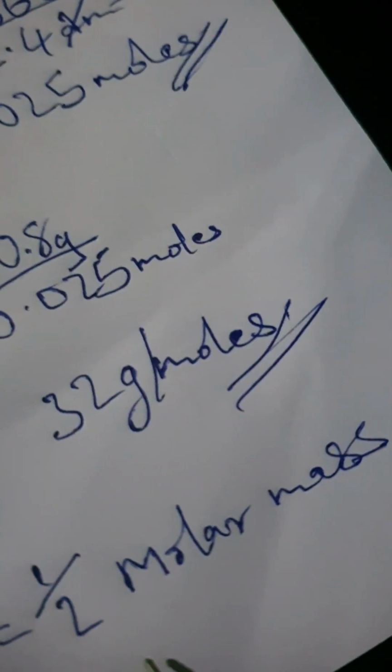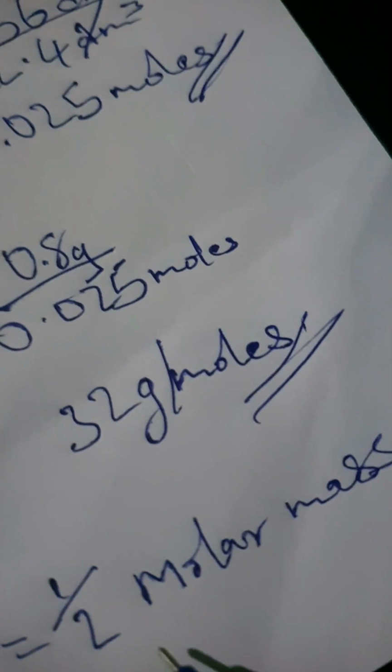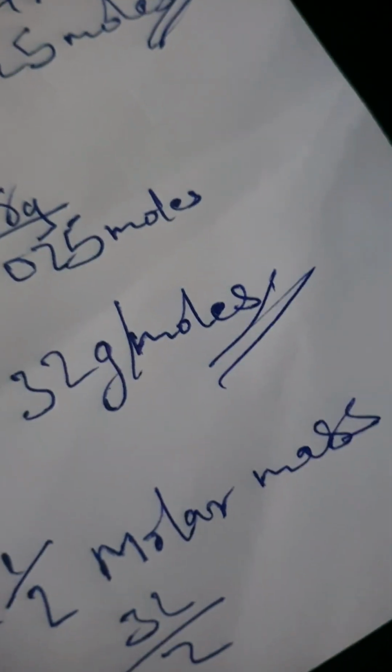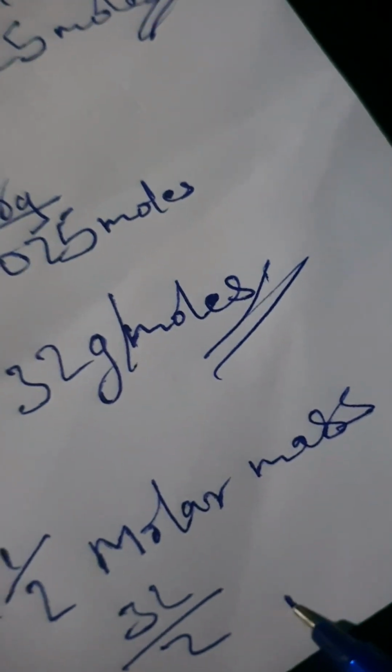So 32 divided by 2 is 16. Let's prove it, I don't use a calculator. Right, 32 divided by 2 is 16. Here we have 16.